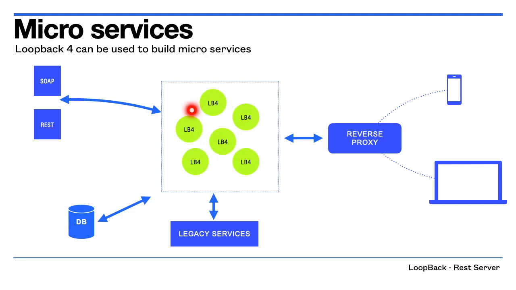This is more complex, but you can still think of small LoopBack 4 applications that are oriented toward a specific task and still use the reverse proxy to accommodate the needs of mobile and web applications.